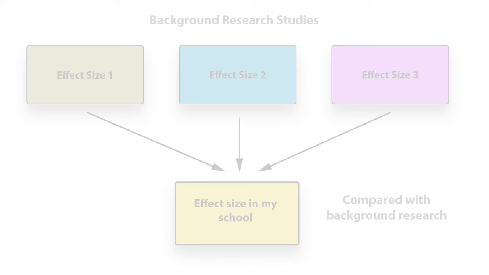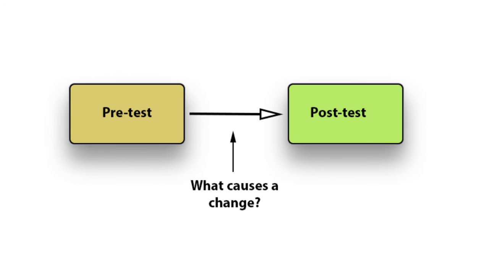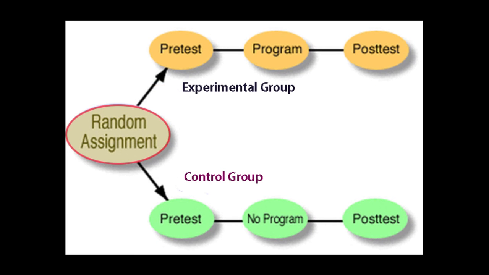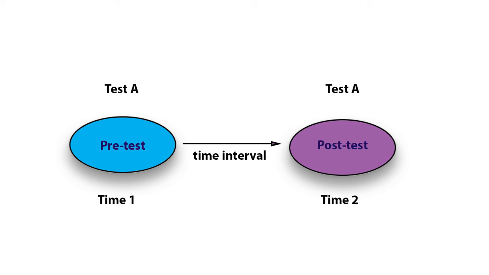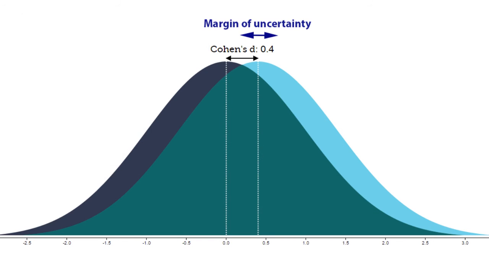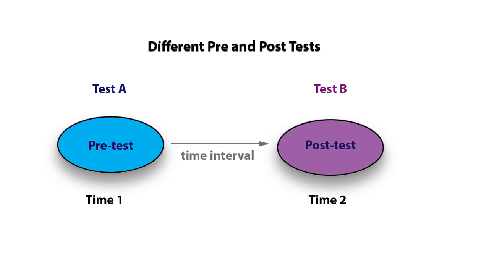However, we need to be circumspect when we interpret effect sizes. Care needs to be taken in choosing the method by which effect sizes are obtained. Care also needs to be taken in the interpretation of effect sizes. Some of the key factors to consider are as follows. The time between pre- and post-test is a critical factor.